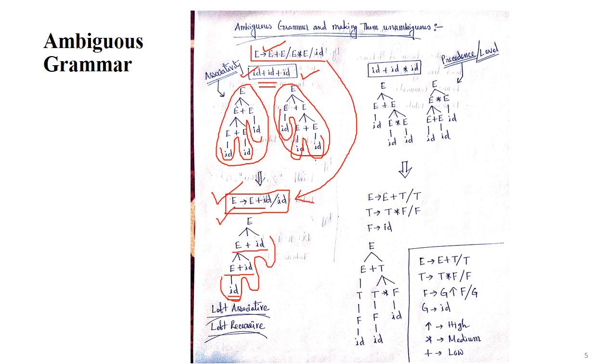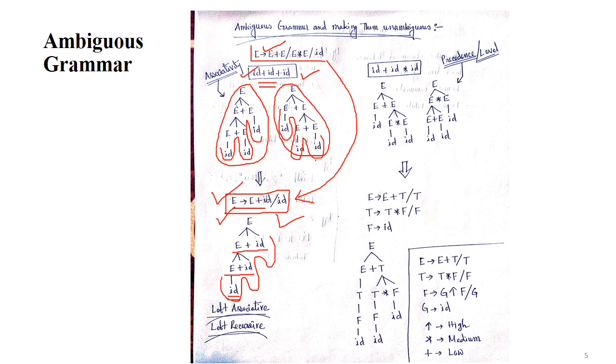Now if I wish to generate one more parse tree, can I generate one here? No, because our modified grammar does not permit us to generate more than one parse tree. So we can declare that this grammar is unambiguous, because using it we can generate id + id + id, which is intended, but only one parse tree is possible.